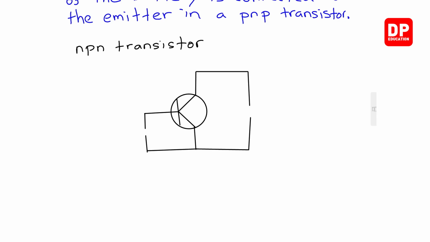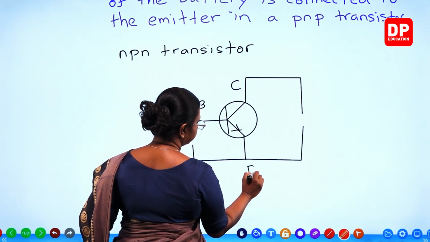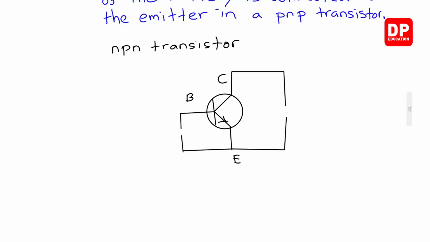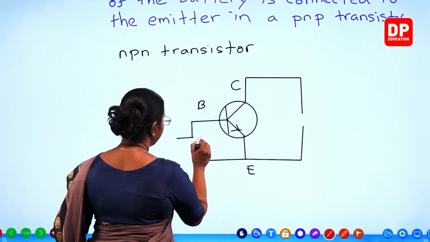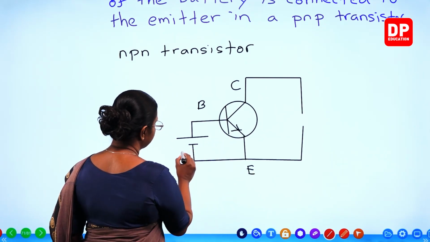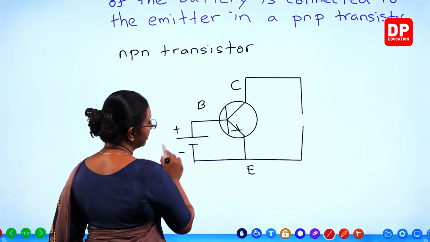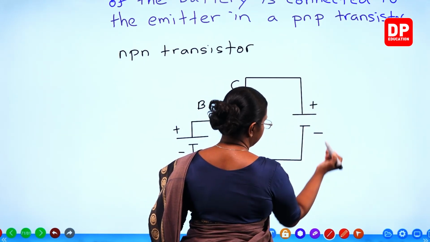So how does the current flow? It flows in this direction. Here we have base, collector and emitter. So current flows from base to emitter. Now, as this is an NPN transistor, the base has to be supplied with positive potential. So the emitter will be connected to the negative terminal of the battery. The same way, collector also should be supplied with the positive potential.